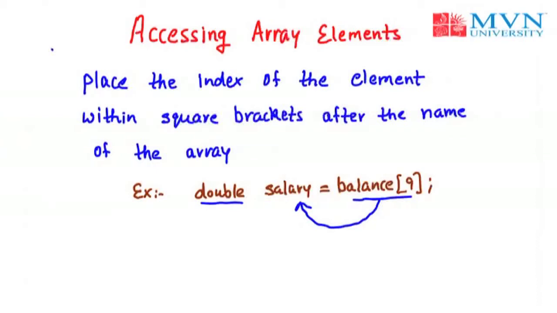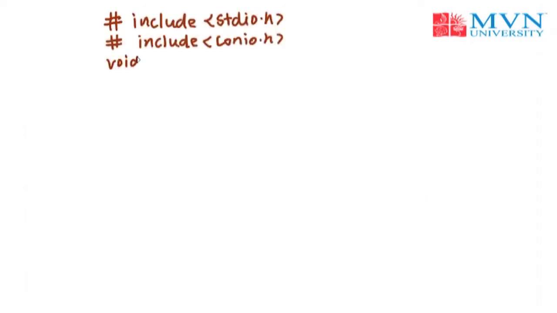Now let's take an example to show how to declare, assign and access the array elements. First include the header files and start the main program. Declare one array with the name n and its size is 10. Take two more variables of integer type, i and j.